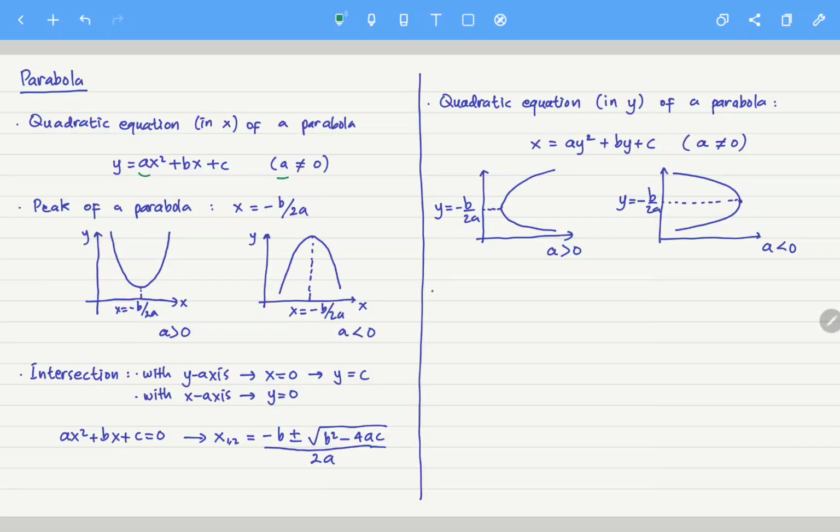So for the last part, let's see a short example. Solve x squared minus 5x minus 14 greater than 0.